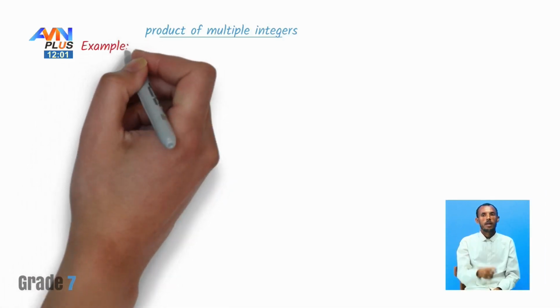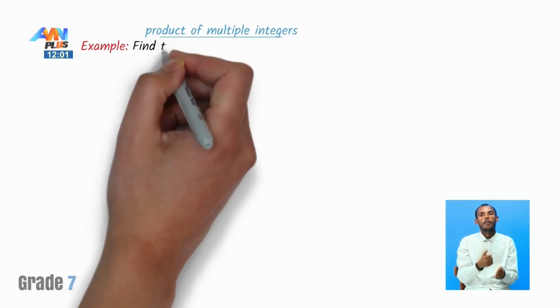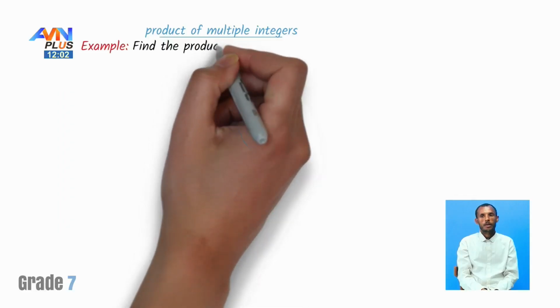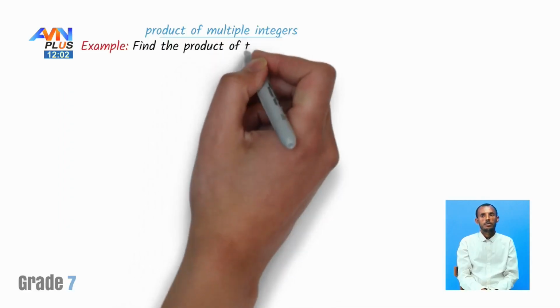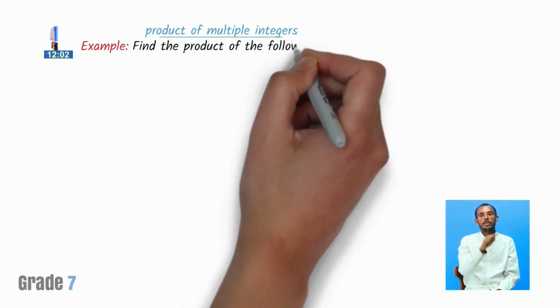A, find the product of the following integers.